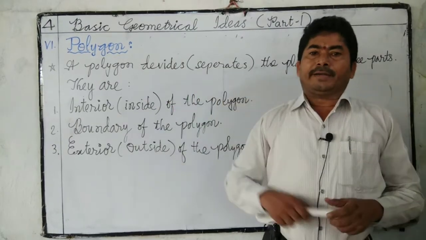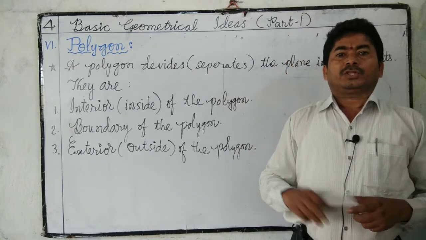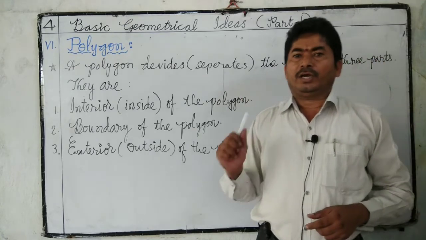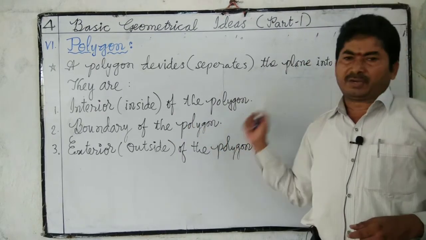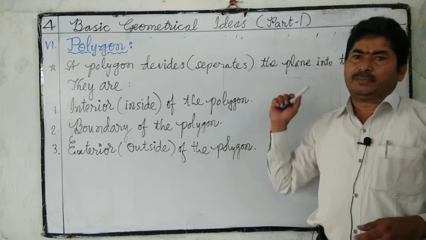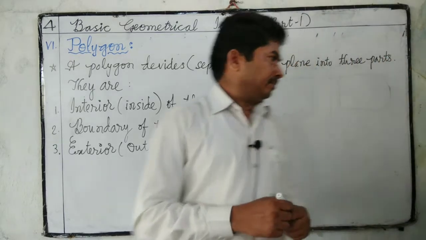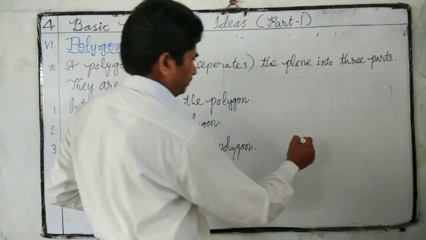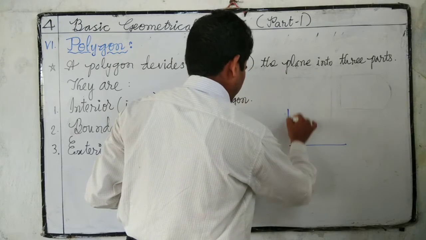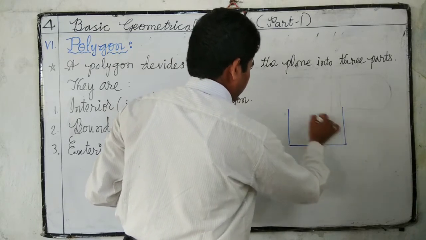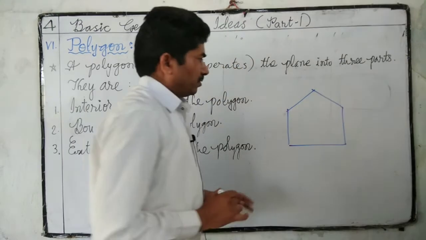A polygon divides the plane into 3 parts. They are interior of the polygon, boundary of the polygon, exterior of the polygon. Let us see in the figure. This is a polygon.